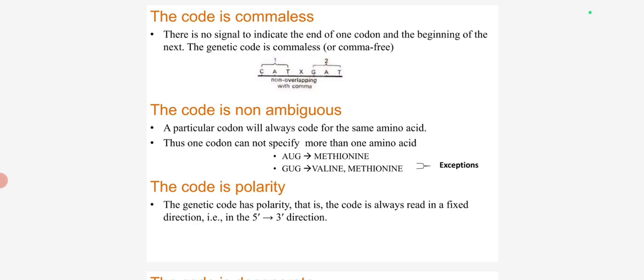One codon specifically indicates only one amino acid. Next, the code has polarity. Polarity means the genetic code is always read in a fixed direction, which is the 5 prime to 3 prime direction alone.